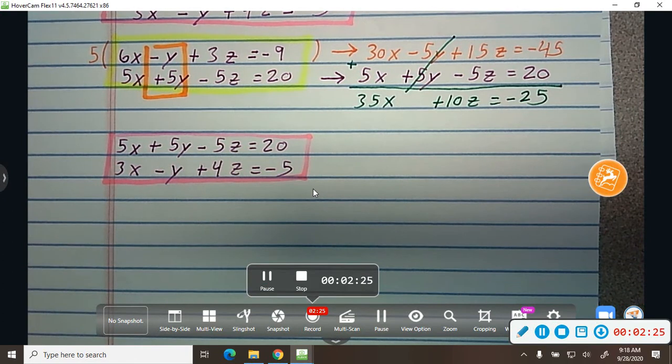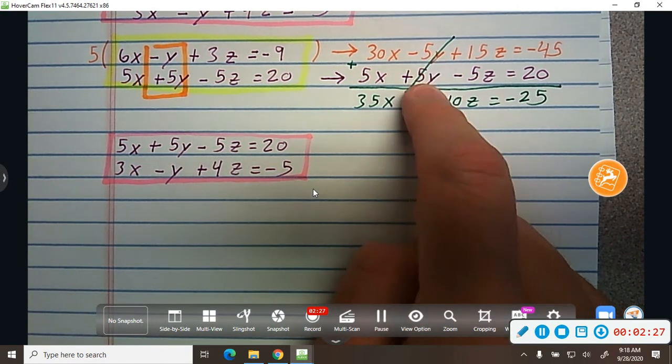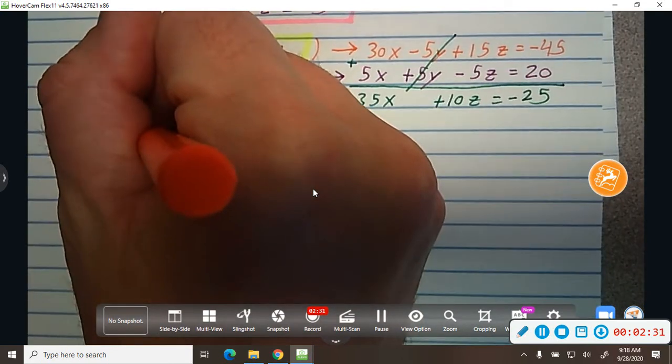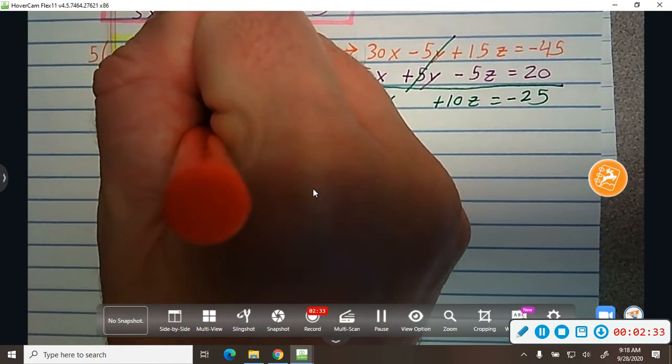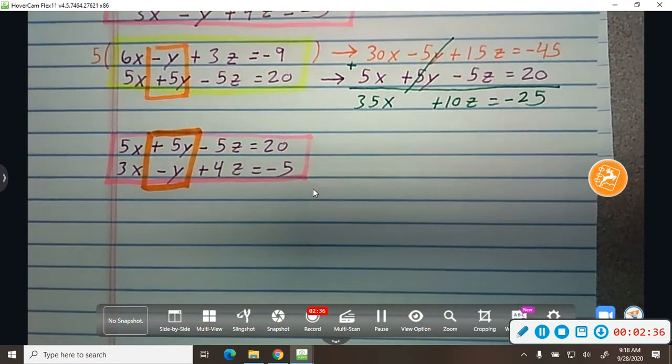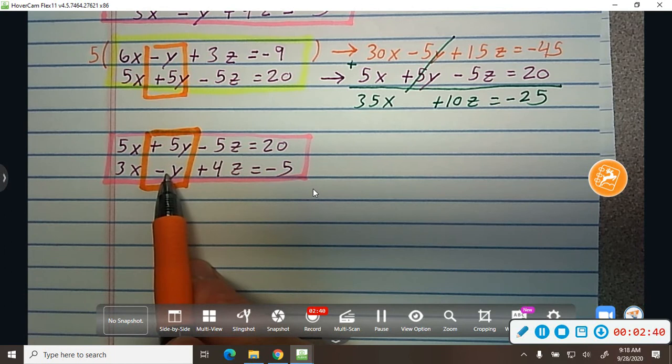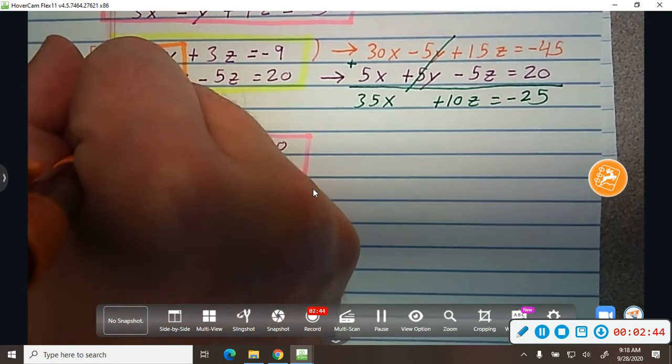Okay, from here, because we eliminated the y's, we have to eliminate the y's on the other one. So I look at this and I say, okay, 5 and negative 1. How do I make those opposites? Well, I just multiply this by 5.